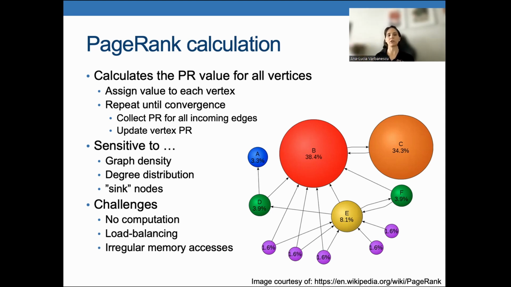So you're not having a layered behavior, but rather a full graph behavior for every iteration. And again, it's an iterative algorithm. Similarly, there is not a lot of computation, and because we're still looking at different neighbors, we get irregular memory accesses. So some of the performance problems remain.